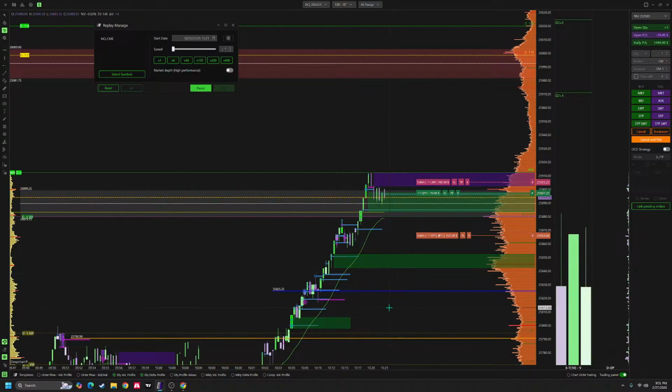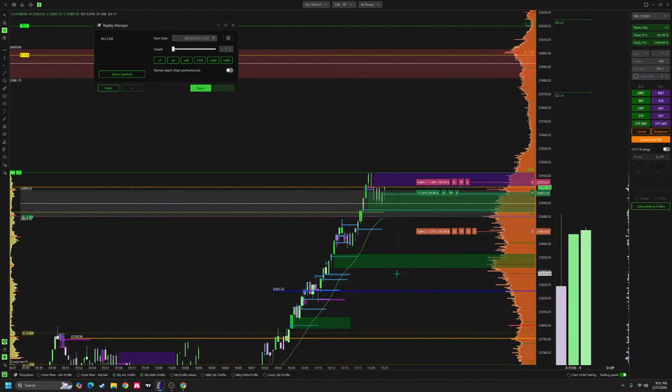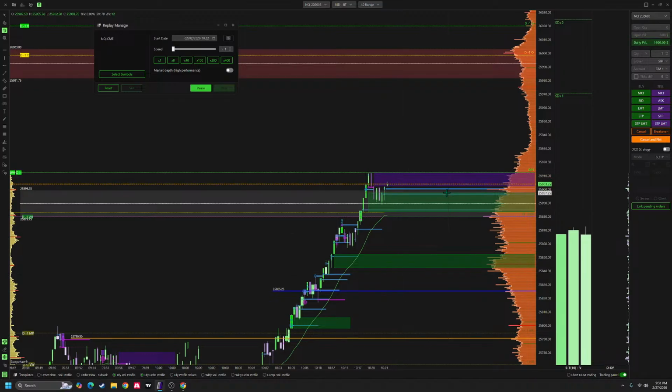No doubt about it. Starting to build a high volume node right here. And my stop's going to be really tight here. So we're out. Now I'm looking for a short.